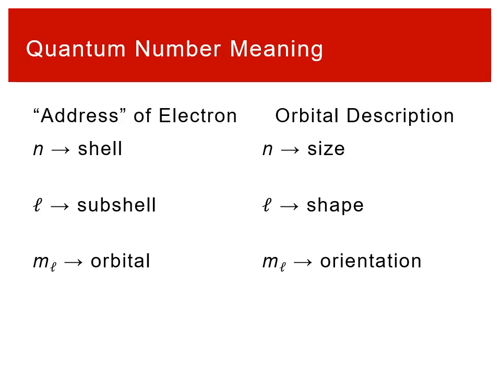How can we find it? n corresponds to shell, L corresponds to subshell, and m sub L corresponds to orbital. Kind of like state, city, street, if you will, that narrowing organization of where this electron is. If the atom is the country, then shell is like the state, subshell is your city, and orbital would be like your street or zip code or something like that.